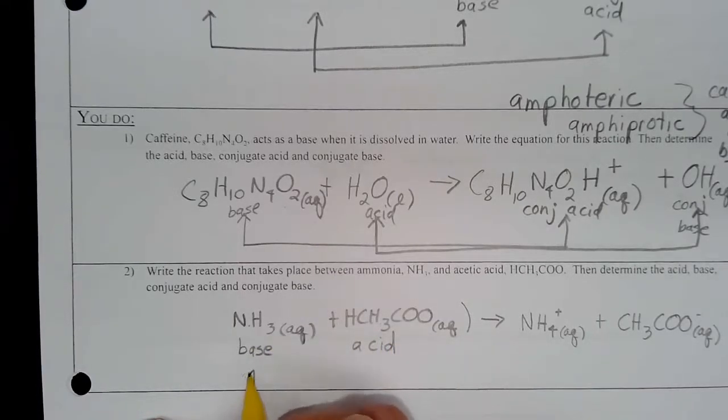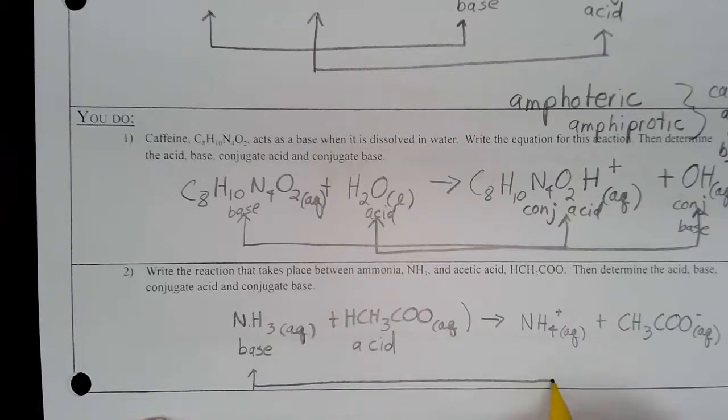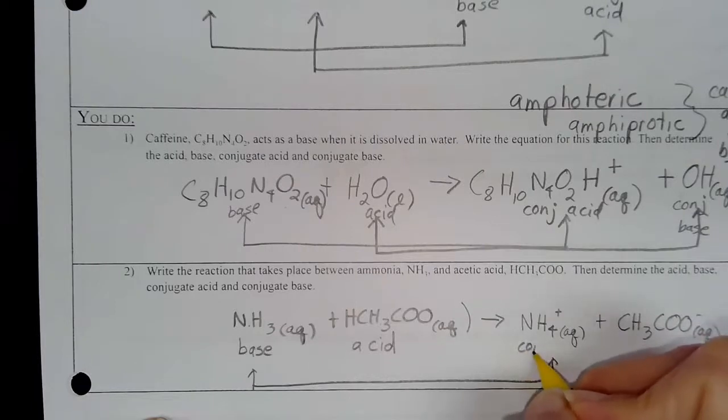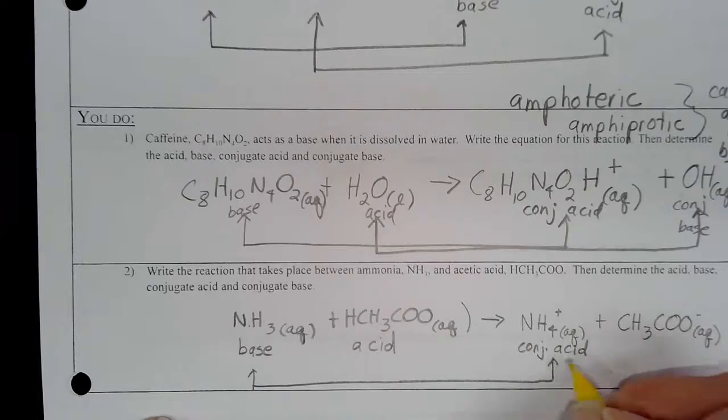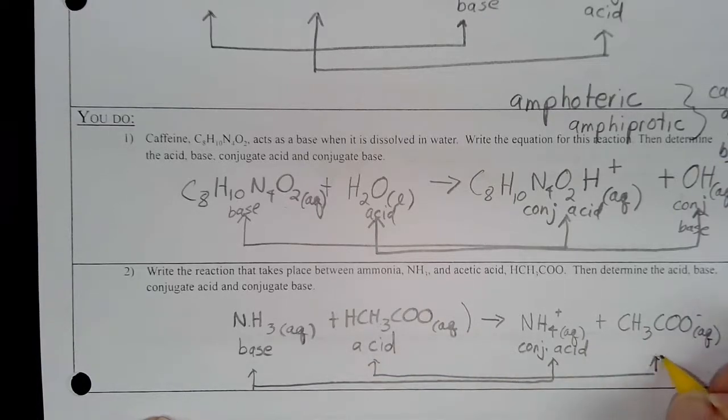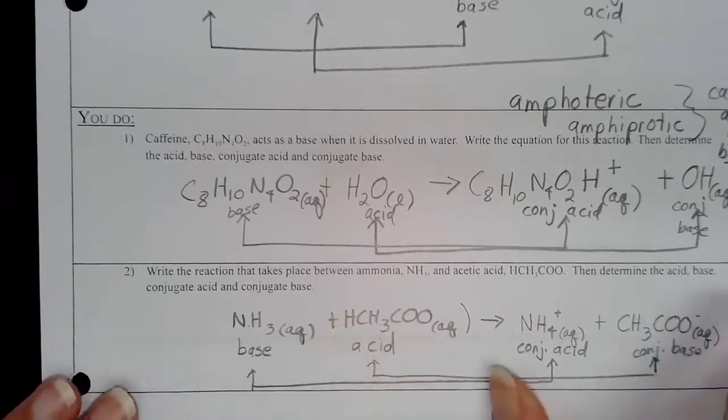The thing that is produced when the base receives the proton is the conjugate acid, and the thing that is formed when the acid loses a proton is the conjugate base. So our conjugate base is the acetate ion, our conjugate acid is the ammonium ion, and then obviously we have our acid and our base on the reactant side.